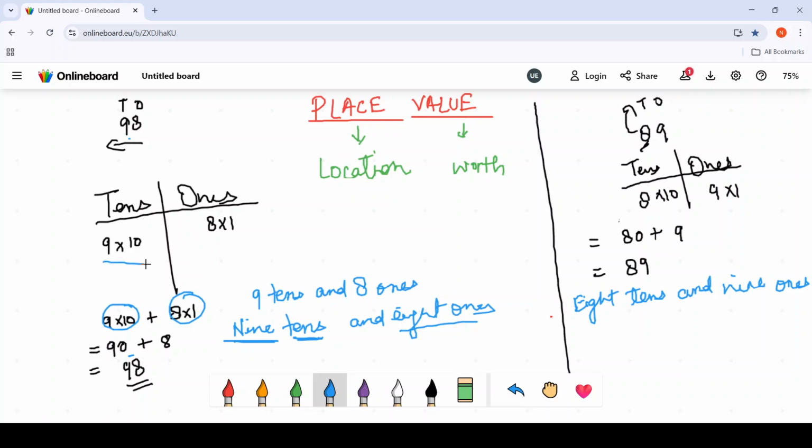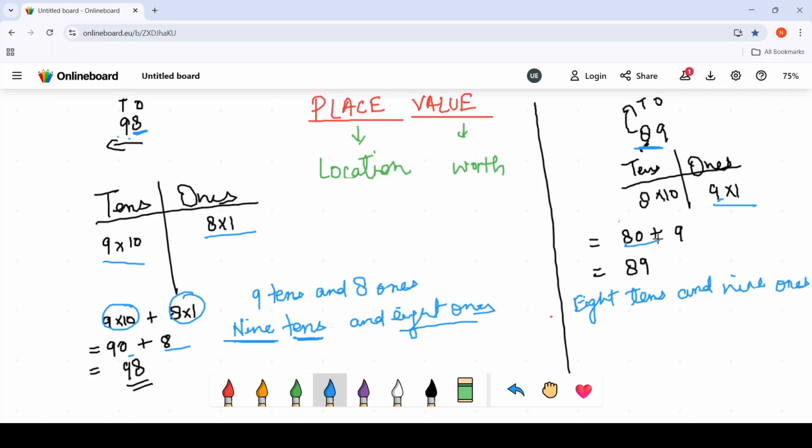Here it is 90 because 9 is at tens place, but in the second example, it is just 9 because it's at ones place. In the first number, 8 is just 8 because it is at ones place, so we multiplied it by 1. But here 8 is at tens place, so we multiplied it by 10 and it becomes 80. So the place of a digit in a number decides its value.